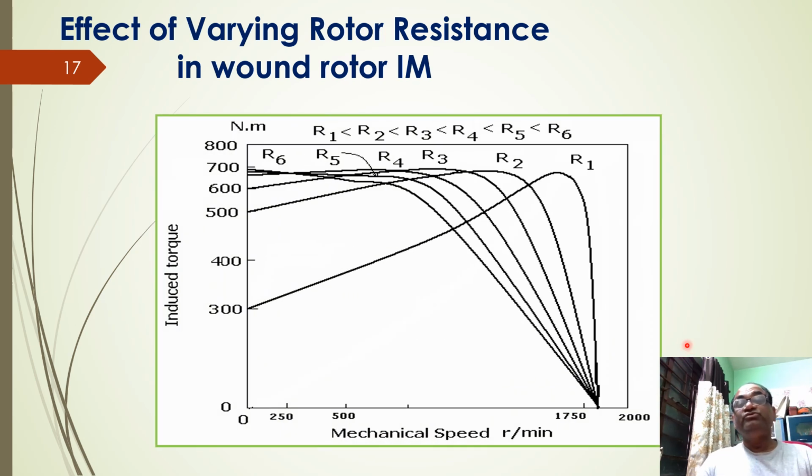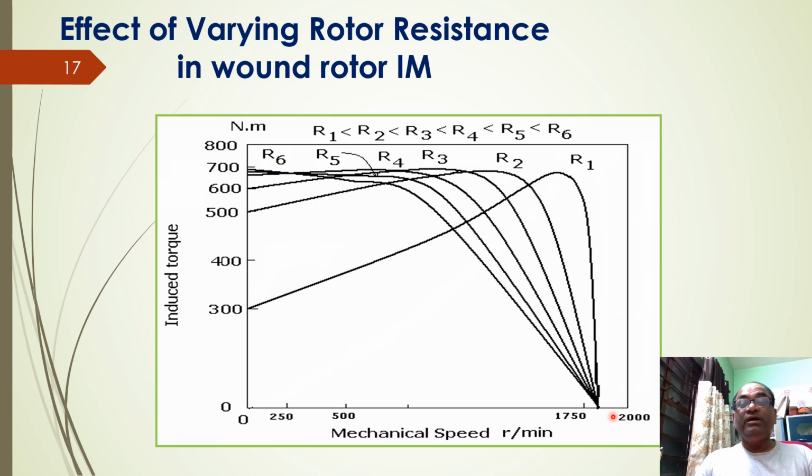So here it has been shown graphically, R1, R2, R3, R4, R5, R6. R6 is the maximum amount of resistance, and on this side it is decreasing. R1 is the least resistance, R2 is more than R1, R3 is more than R2, R4 is more than R3, and R5 is more than R4, and R6 is the maximum resistance added to this.